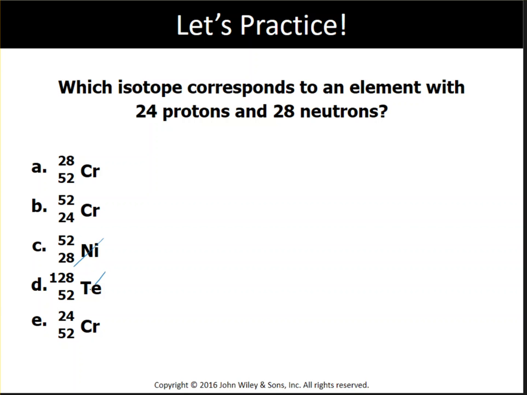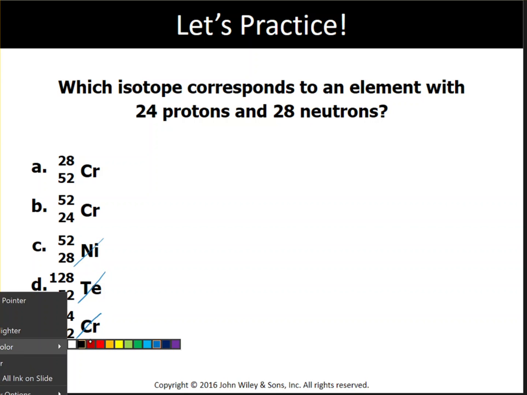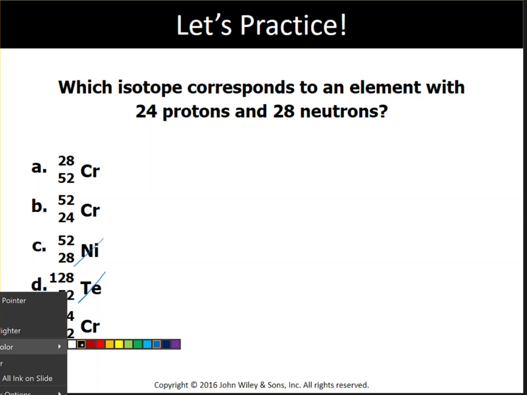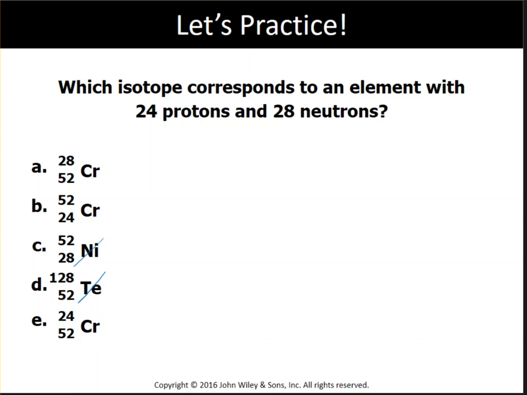So I know that it's not nickel or tellurium. Oh, this chromium could be an option too. So 24 protons means that we're dealing with chromium.